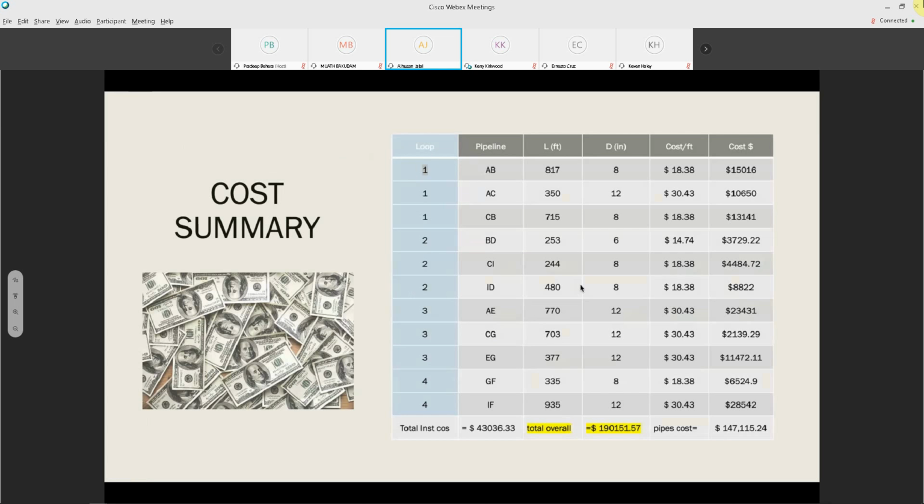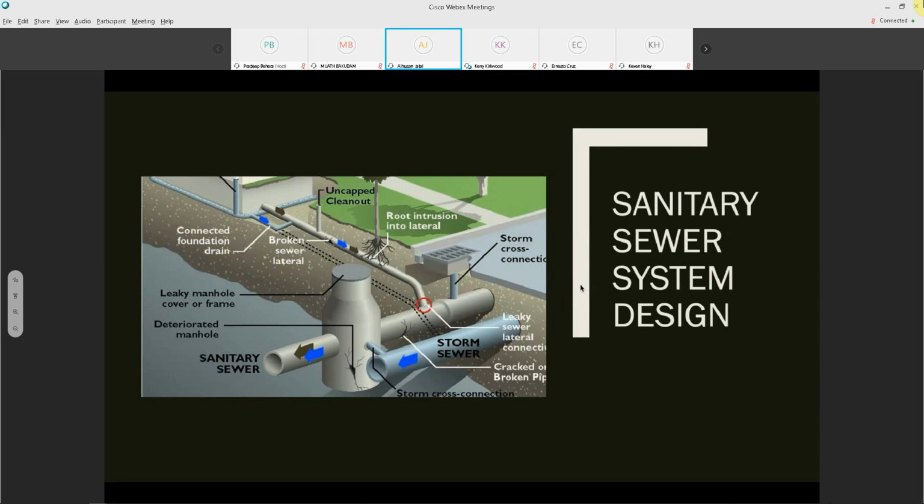Next. And finally, for our cost summary, we estimated our total overall cost around $190,000, including the installation cost and everything. Next.